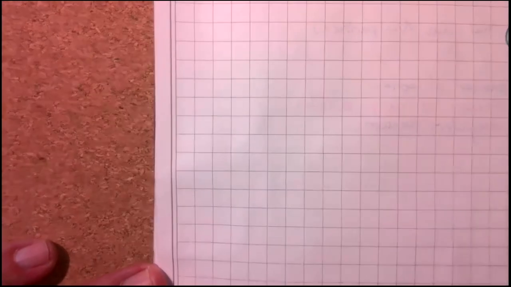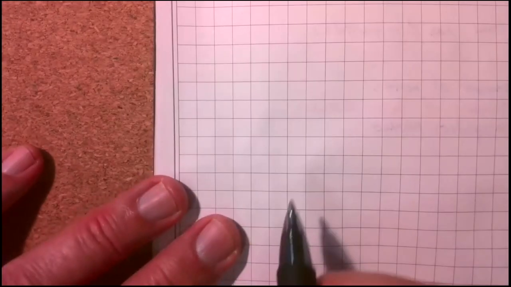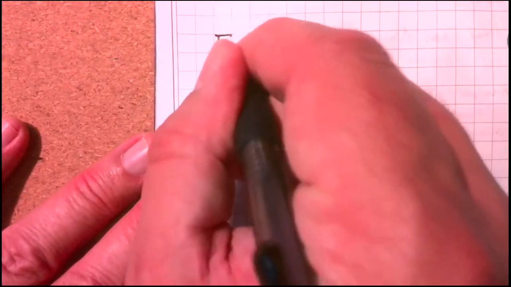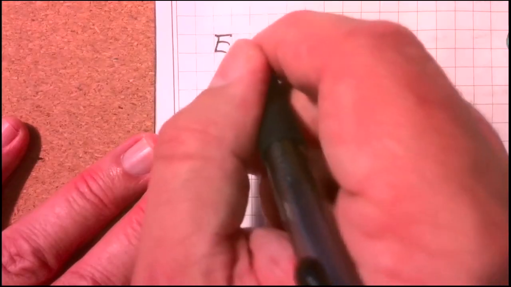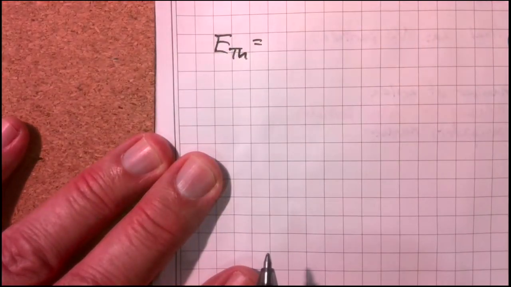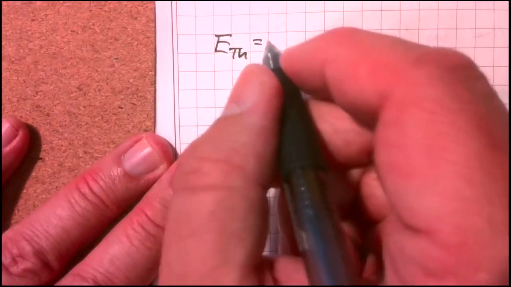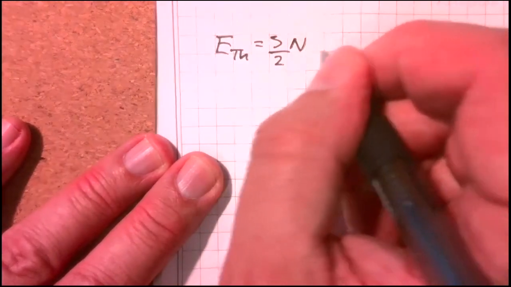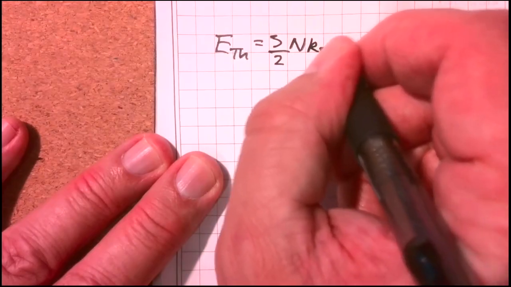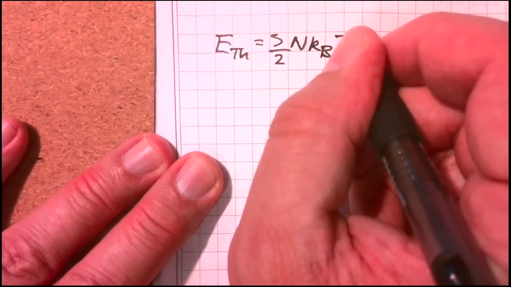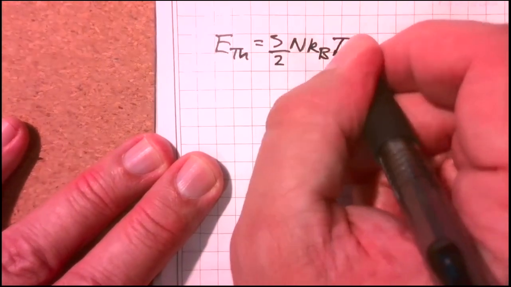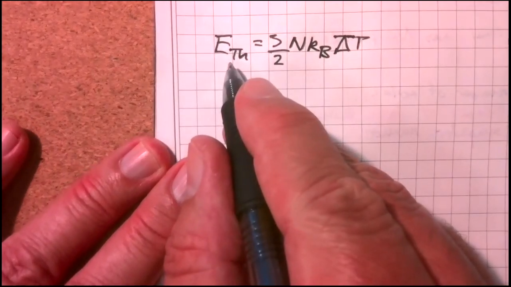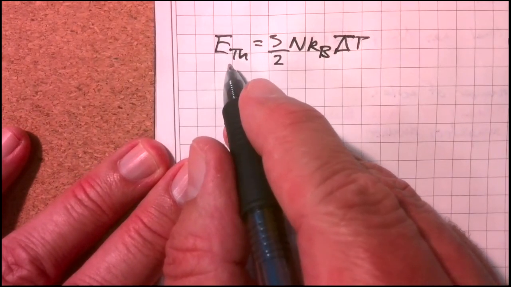So where are we at in terms of the problem? Because that's what we're trying to figure out, we want to actually solve this problem. We now have the equation to tell us how much thermal energy we need to supply to n number of gas molecules times Boltzmann's constant times the change in temperature, so we'll call this delta T. Here's the energy that we need to supply to our system.